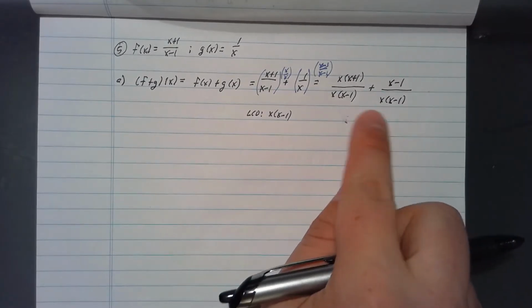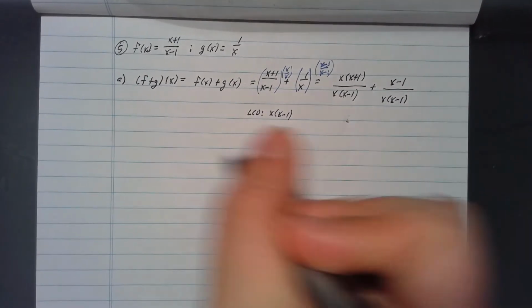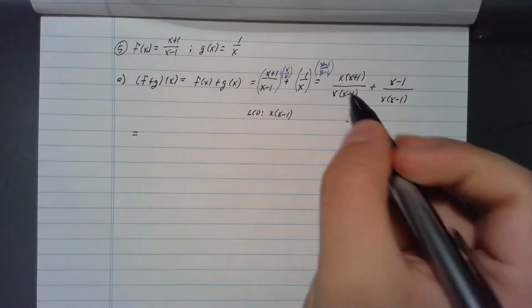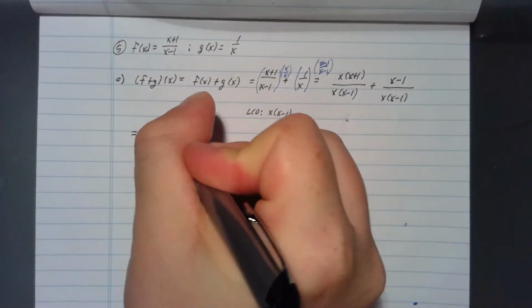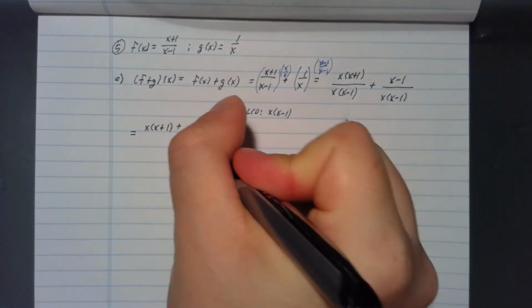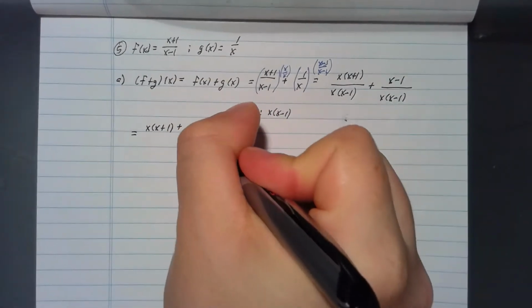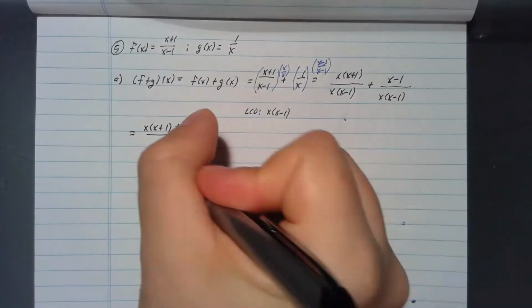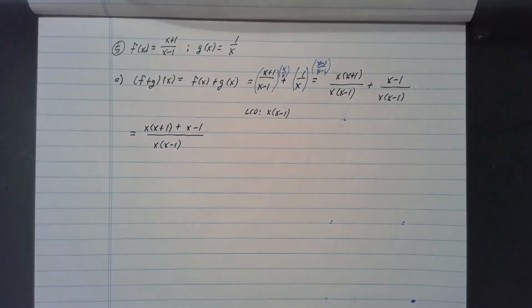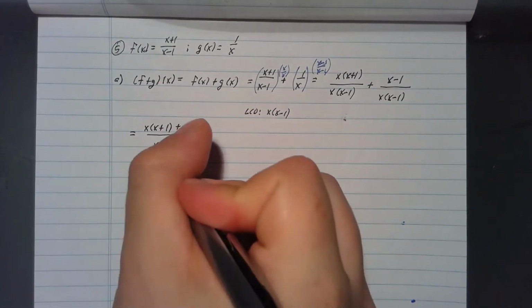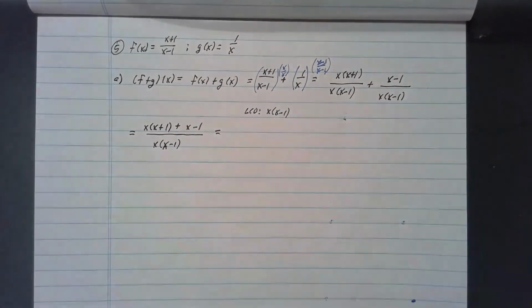So now they have the same denominator. So I could write them over the same denominator, which is x times x plus 1 plus x minus 1 all over x times x minus 1. Alright, now you want to simplify the fractions.